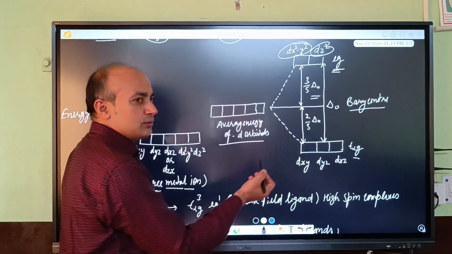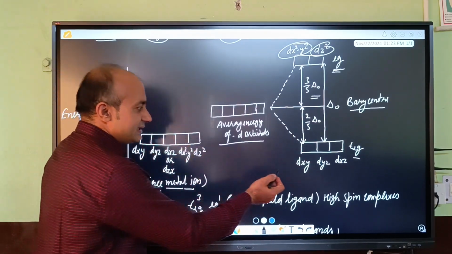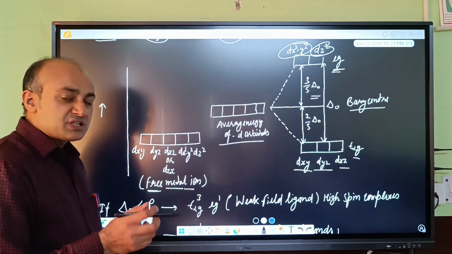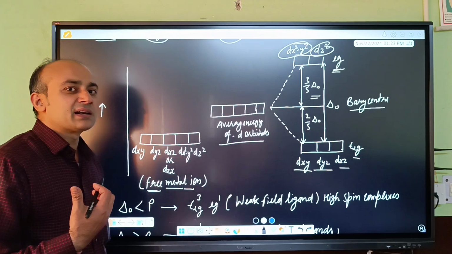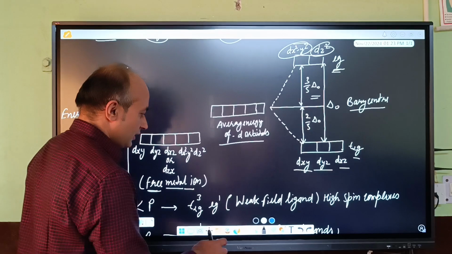The T2g orbitals, dxy, dyz and dxz, lie between the axes and feel less repulsion, so they have lower energy, 2/5 delta O below the average energy.